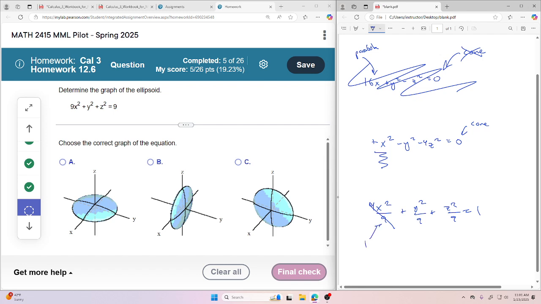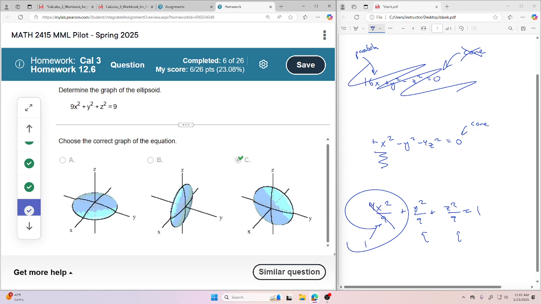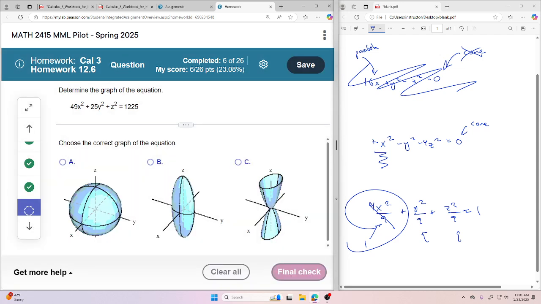So what I actually have there is a 1 versus a 9 and a 9. So which one? C. X is flat. Flat X, small x. Good? If you want me to talk more about it, let me know.